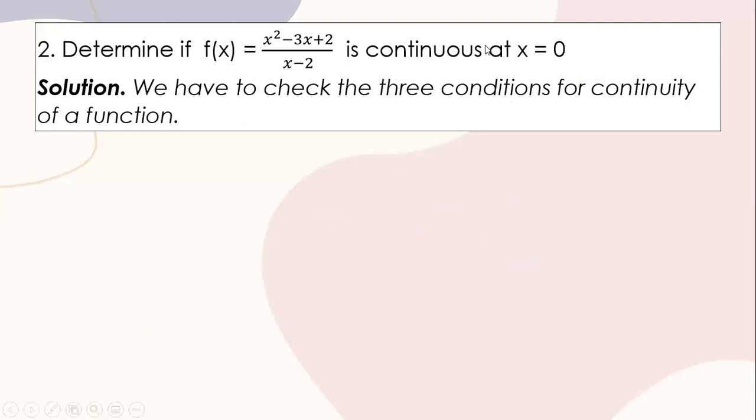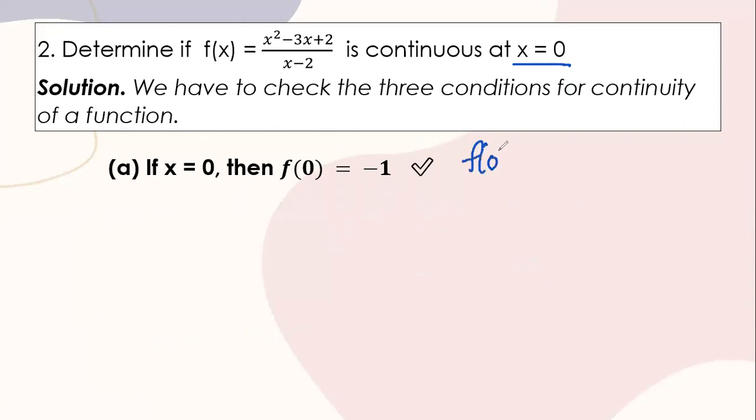Let's try the second example. F of x is equal to x squared minus 3x plus 2 over x minus 2. Determine if this is continuous at x is equal to 0. So x equal to 0 na yung given natin. Use the three conditions for continuity. For the first condition, substitute 0 to x.